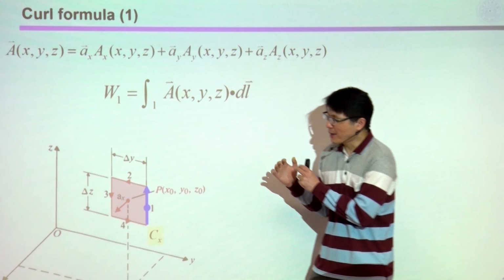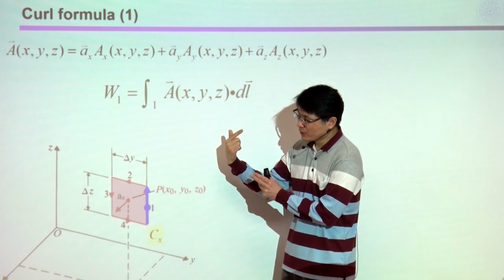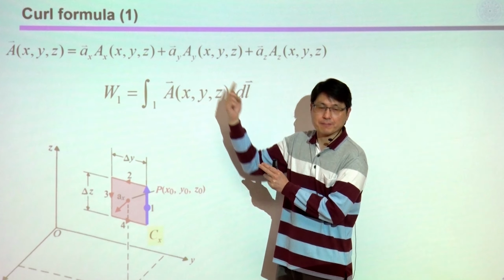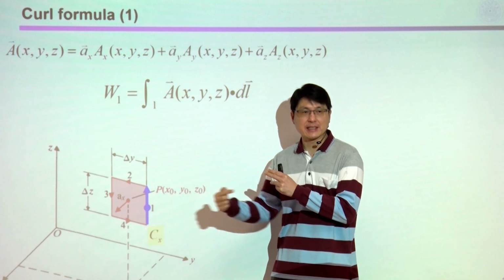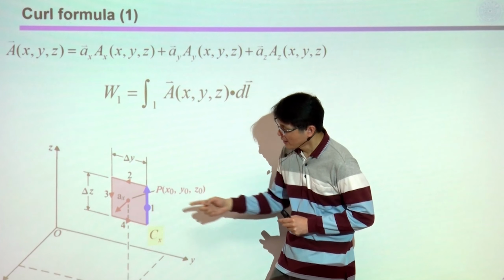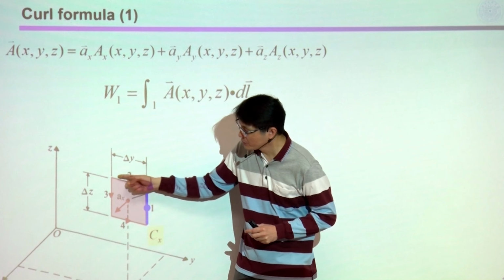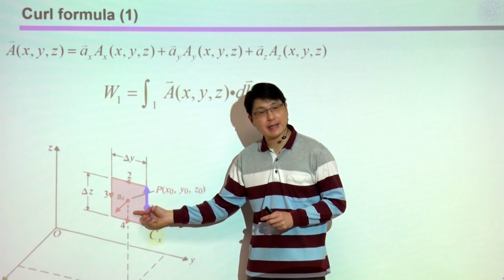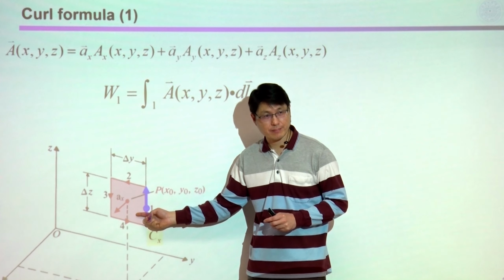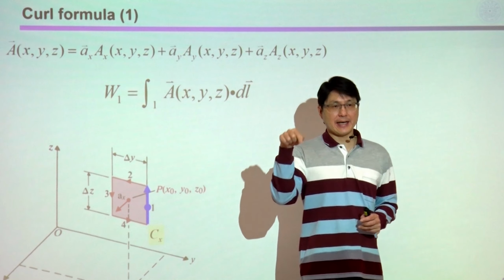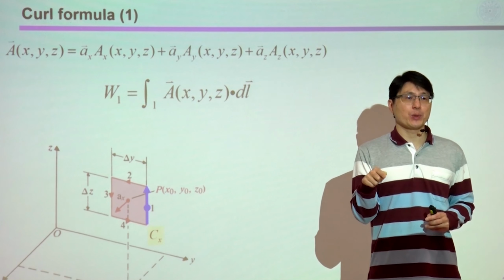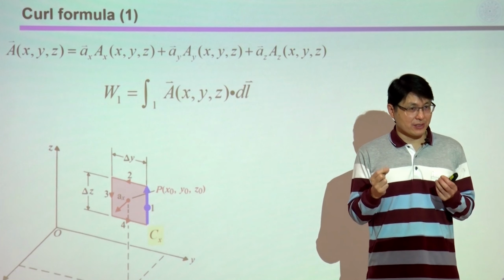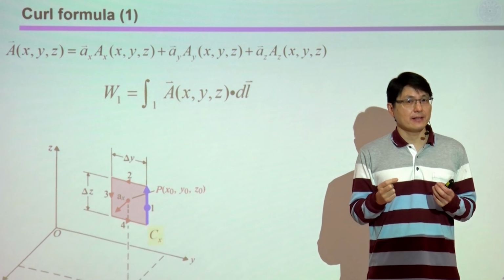So if I'm interested to find whether this vector field has a circulating component, I can form a closed loop. And that closed loop encompasses a surface. Once again, a surface in the language of vector analysis is a vector.